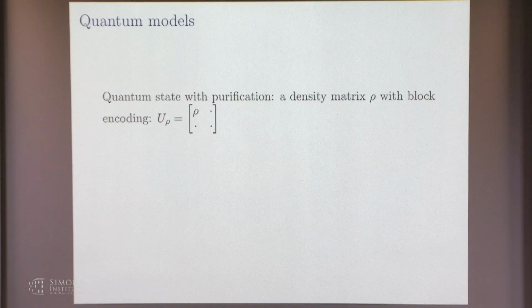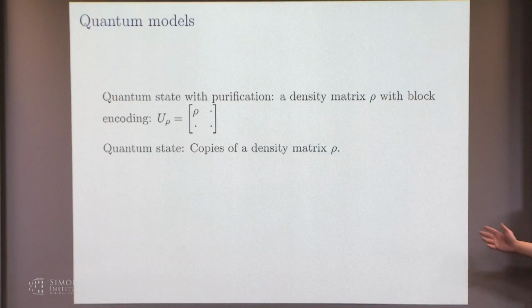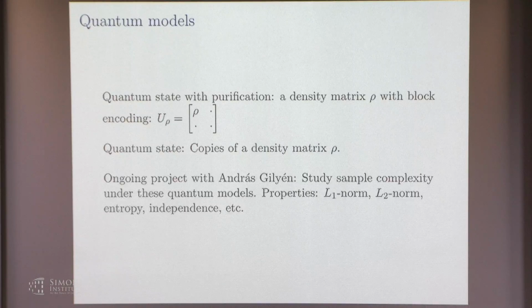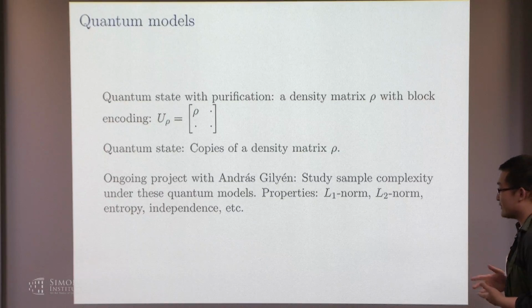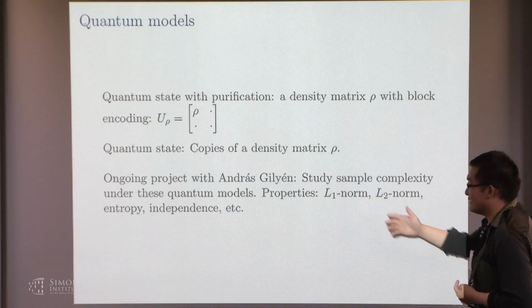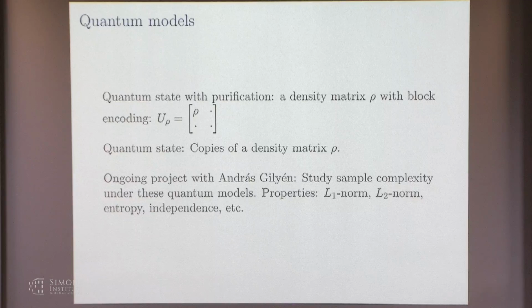We can also focus on the quantum case, for instance block encoding, which was well discussed in yesterday's talks, or just assume you have a copy of a density matrix. I have an ongoing project with Andrej Gilyen where we study sample complexity under these quantum models and study important properties like the L1 norm, L2 norm, the entropy, or the independence between distributions.